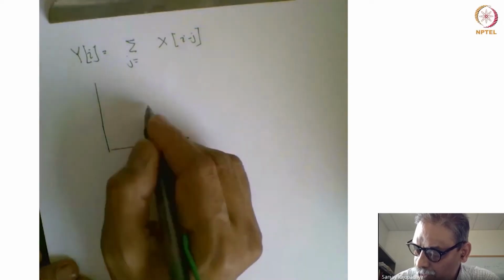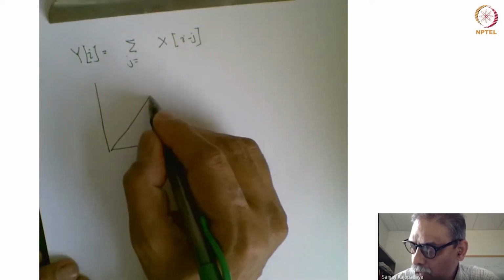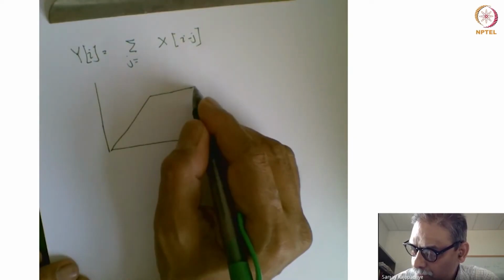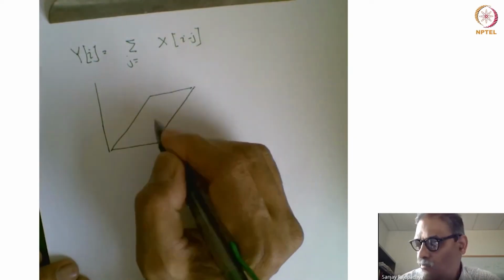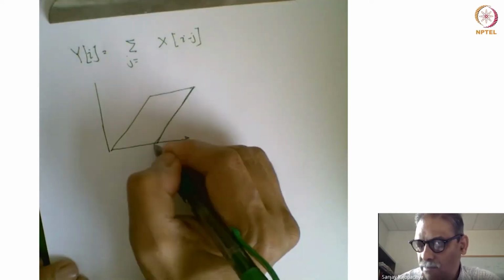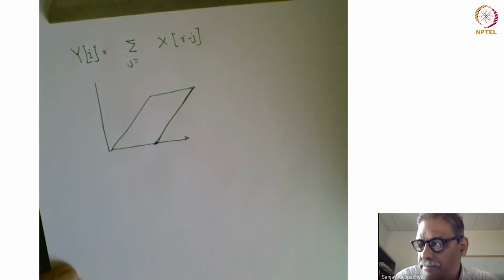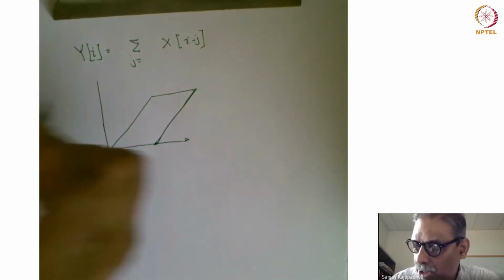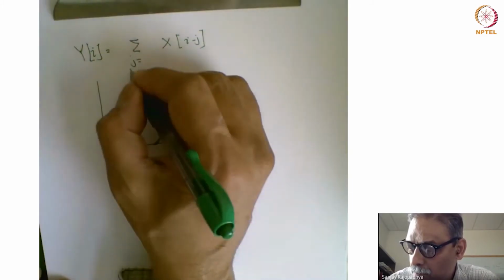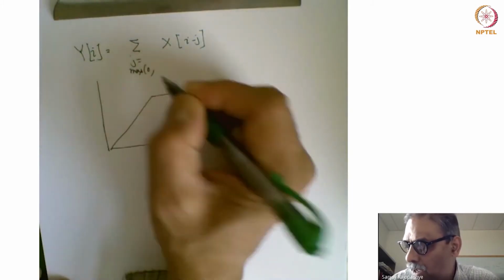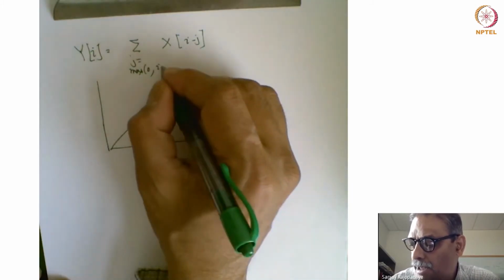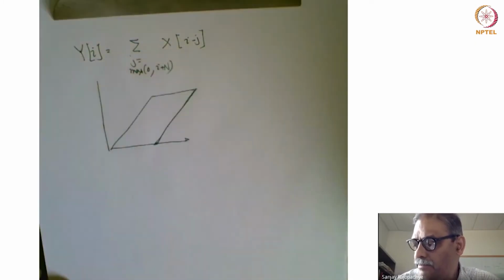Remember, our first domain was a triangle. I'm now going to make this a parallelogram. Okay. So the bounds are j equals max of 0 and i plus n or something like that.